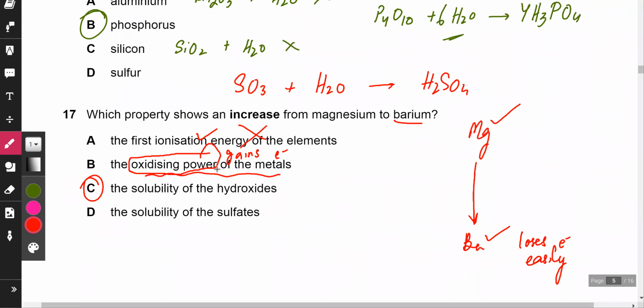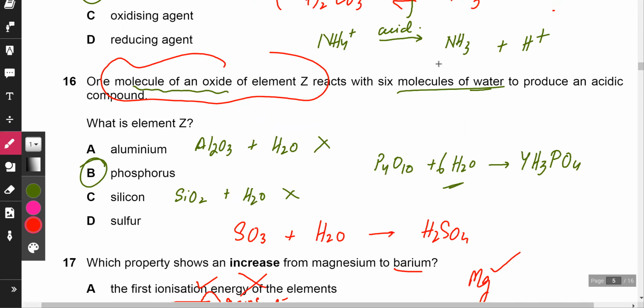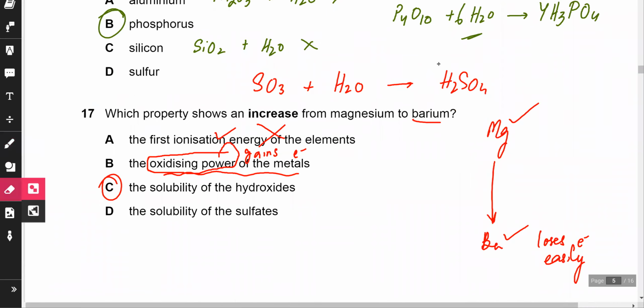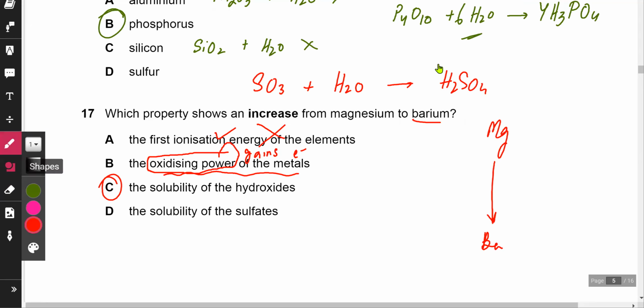Yes, sir. So the oxidizing power would actually decrease. When we talk about oxidizing power, we won't be talking about the metals, because metals always like to lose electrons; they don't like to gain electrons. We are talking about the oxidizing power of the ions. The metal atoms are never going to gain electrons to form negative ions; they would always lose electrons.